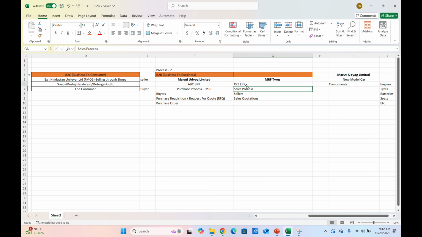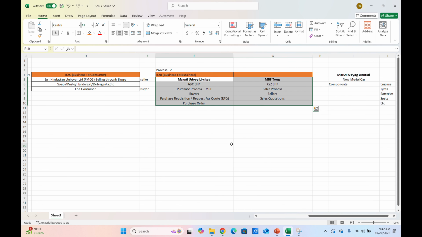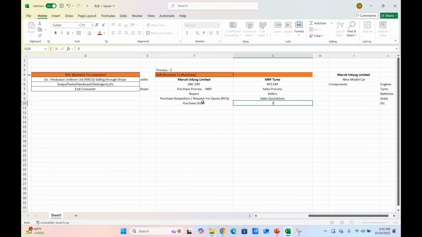So in ABC ERP it is a purchase order, and for MRF Tyres, when a purchase order is raised, they create a sales order.